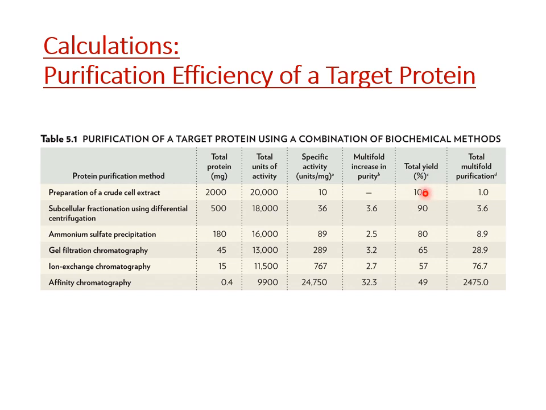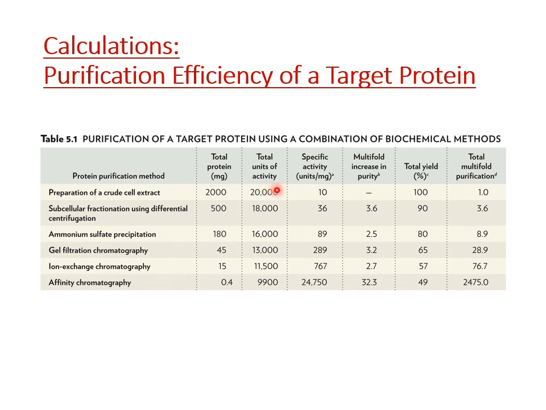So total yield, again, is gotten by dividing the total units of activity at that step. Total units of activity is this column here. Total units here for this step is 20,000 divided by the initial units of activity.